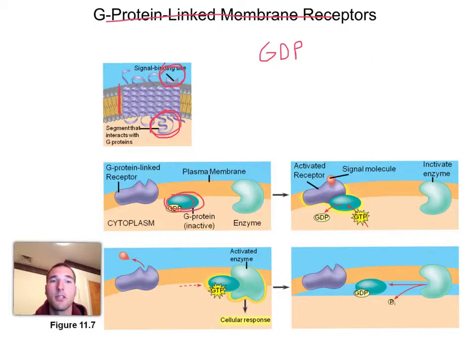There's two options. It can have GDP or GTP. These two molecules are very similar to ADP and ATP. It's guanine diphosphate and guanine triphosphate. Very similar in structure. Anyway, if GDP happens to be on the G protein, it is not active. And if GTP is on there, then it is active.